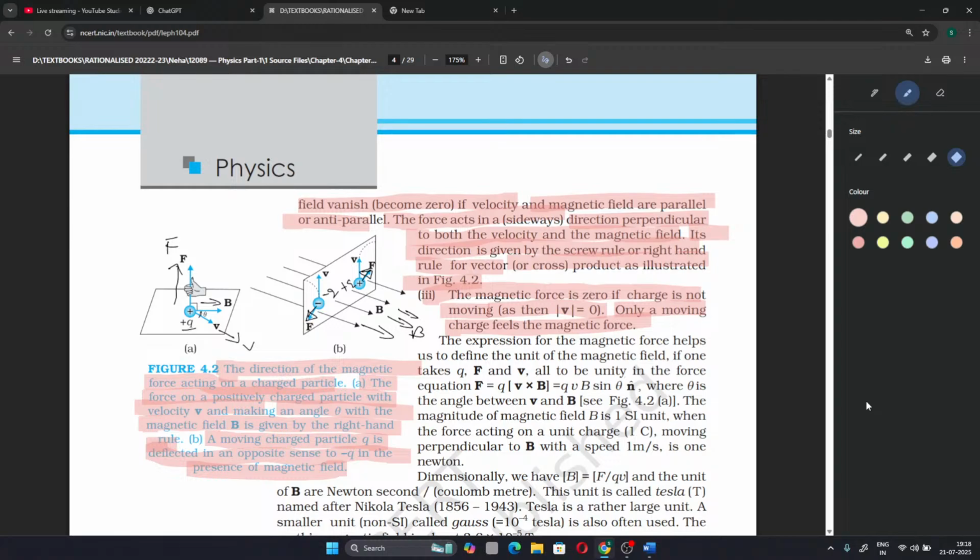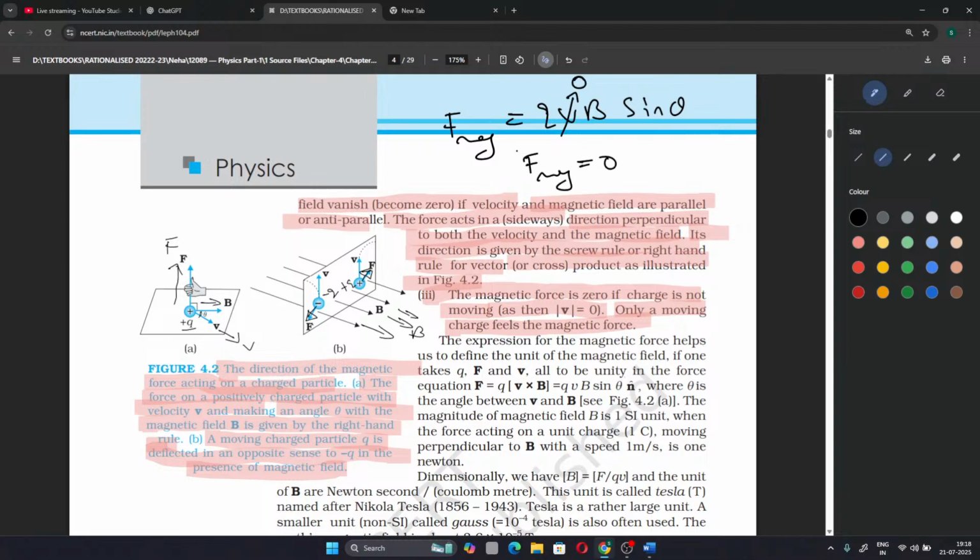So in F magnetic equals QVB sine theta, if V becomes zero, F magnetic will also be zero. A static charge does not experience a magnetic force.